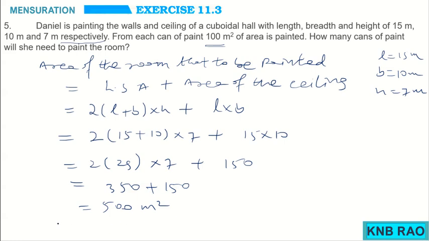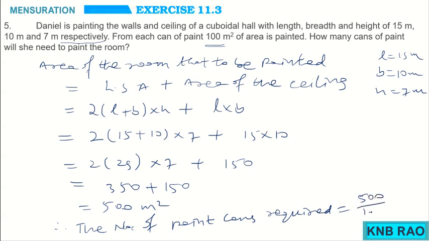So therefore the number of paint cans required is 500 upon 100. As we have 100 meter square that can be painted out of one can, then 5 such cans are required to paint 500 meter square. This is how it has come.